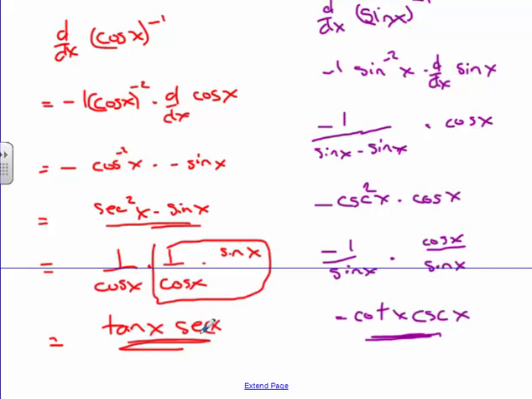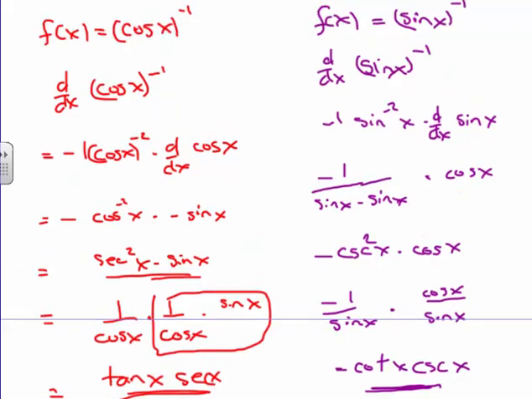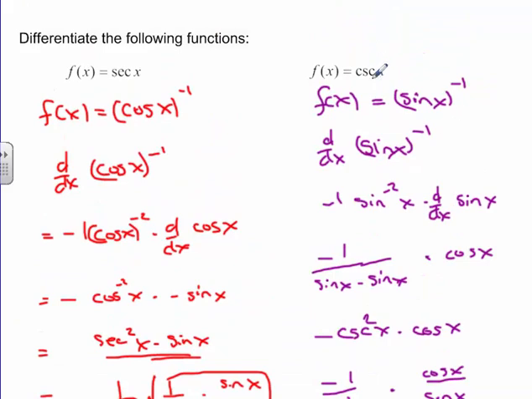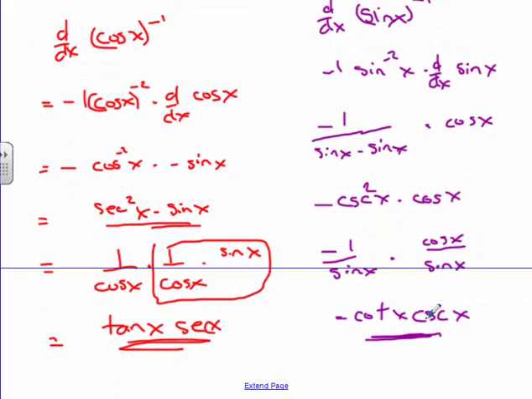So secant does not have co in its word, and tan does not have co in its word, so it derives to itself with an extra one. Whereas over here, cosecant has the word co in it. Well, it derives to itself, but it also gets the tan function that has co in its word, right? So cosecant goes with cotan, whereas secant goes with regular tan. No co's as part of them.